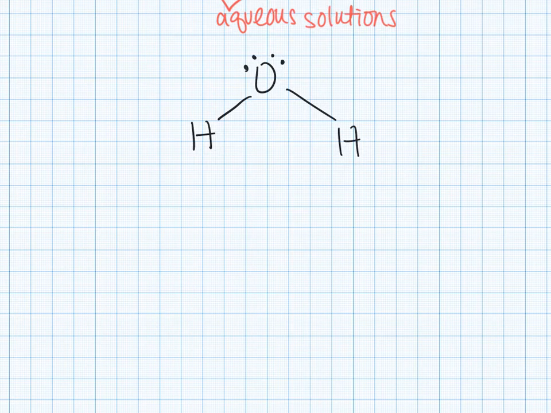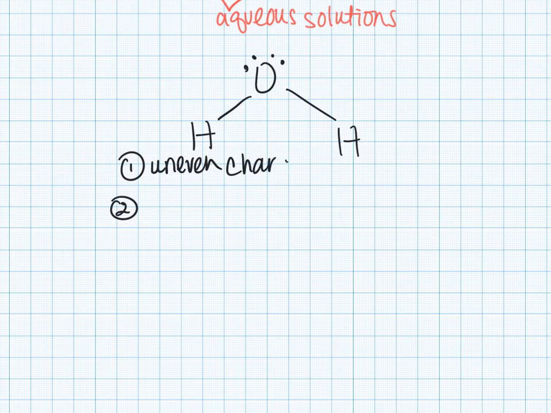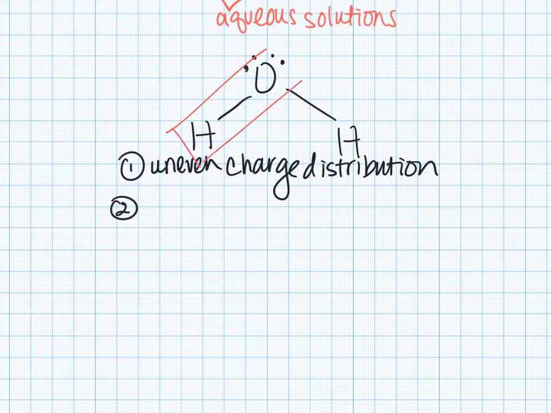So here's water. Now there's two important properties or characteristics of water which give it an overall important property. The first one is that there's an uneven charge distribution in the bonds between the two atoms which are bonded.